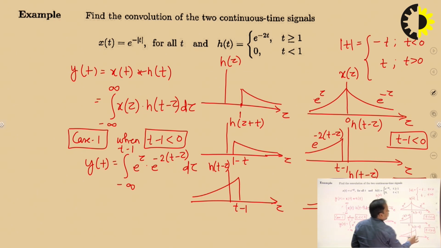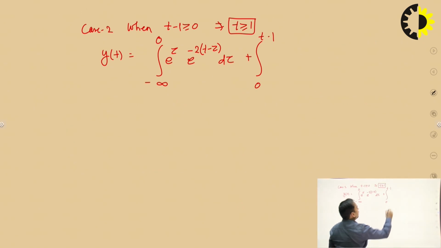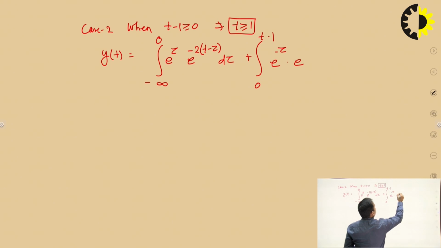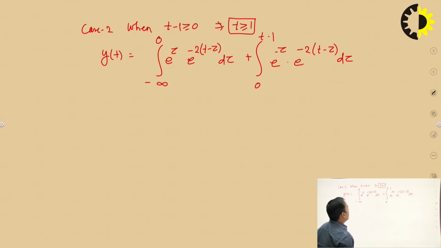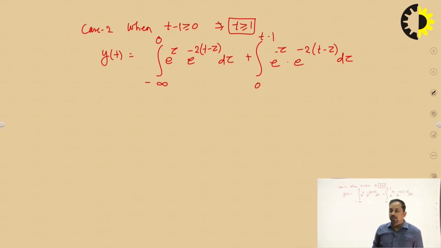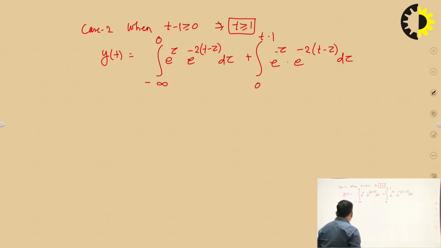The x of tau can be represented as e raised to power minus tau, also with e raised to power minus 2 times t minus tau d tau. We can clearly solve the integration for both the possibilities, so we'll have the output y of t.